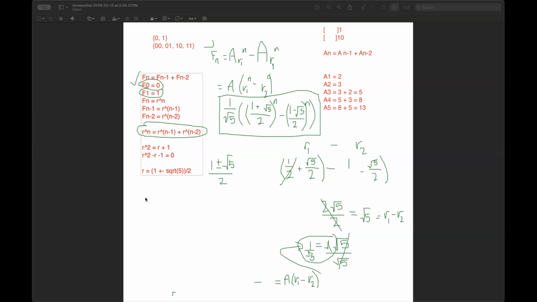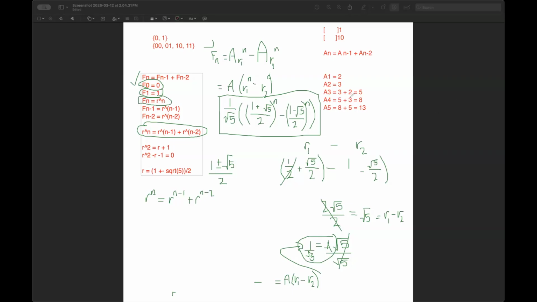So we've got r to the n is equal to r to the n minus 1 plus r to the n minus 2. And again, we used the assumption that f sub n is equal to r to the n.